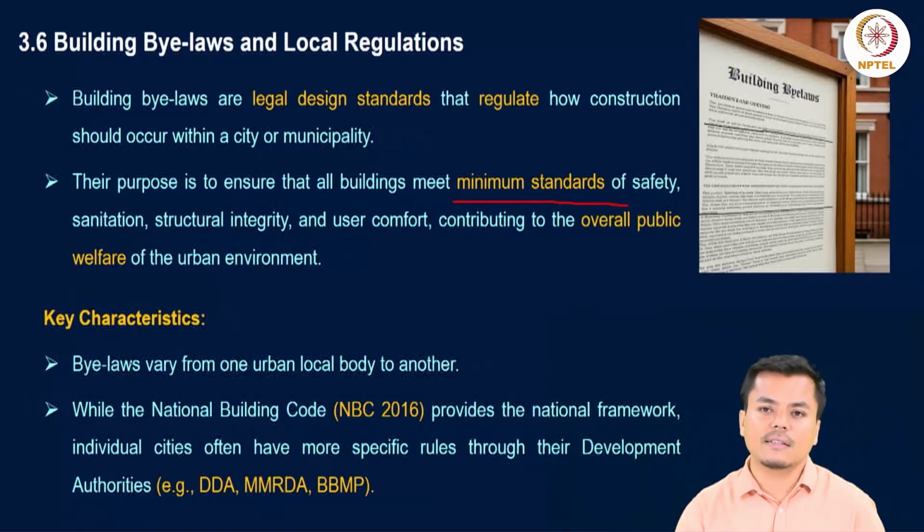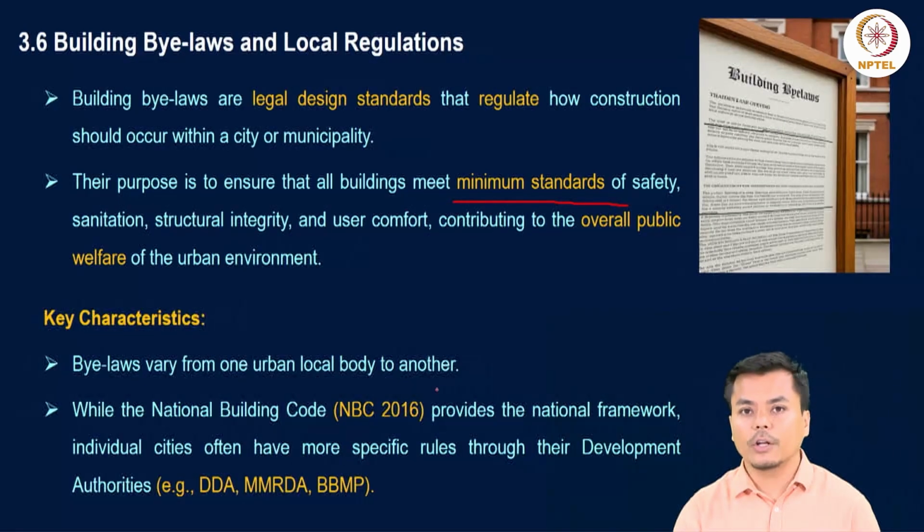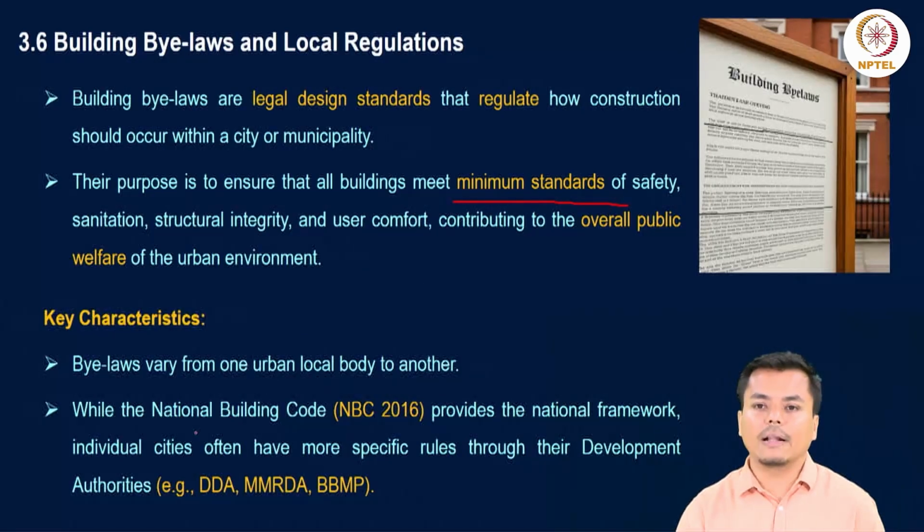So the key characteristics include that bylaws vary from one urban local body to another, so you have to be aware of in which state you are going to build that particular building, while the NBC 2016 provides a national framework for individual cities. Often we refer to the Development Control Rules or DCR, that is prepared by development authorities like DDA, MMRDA or BBMP.